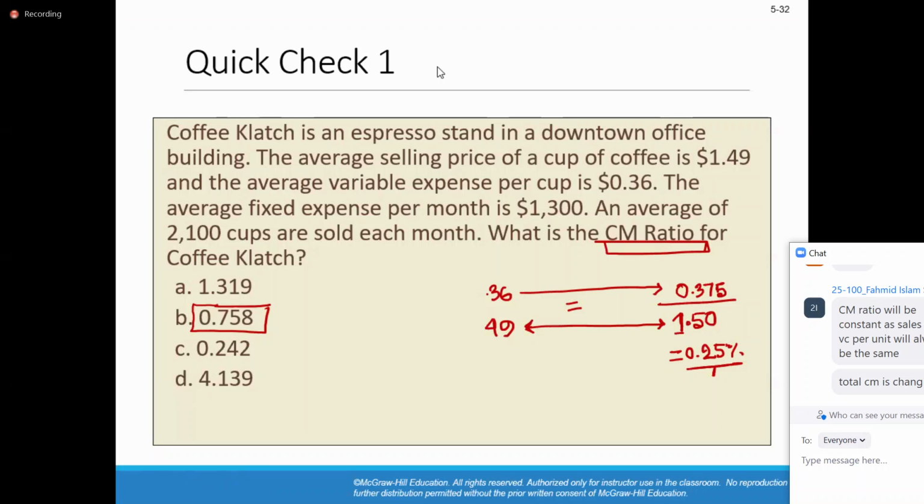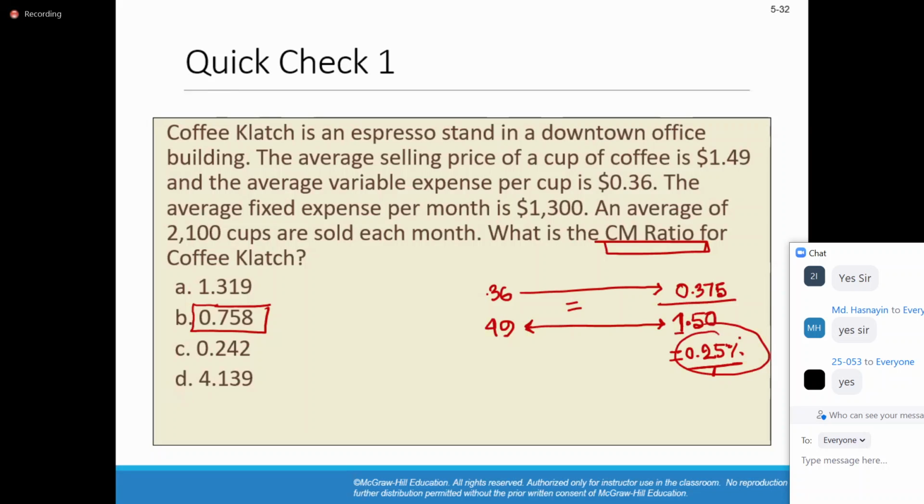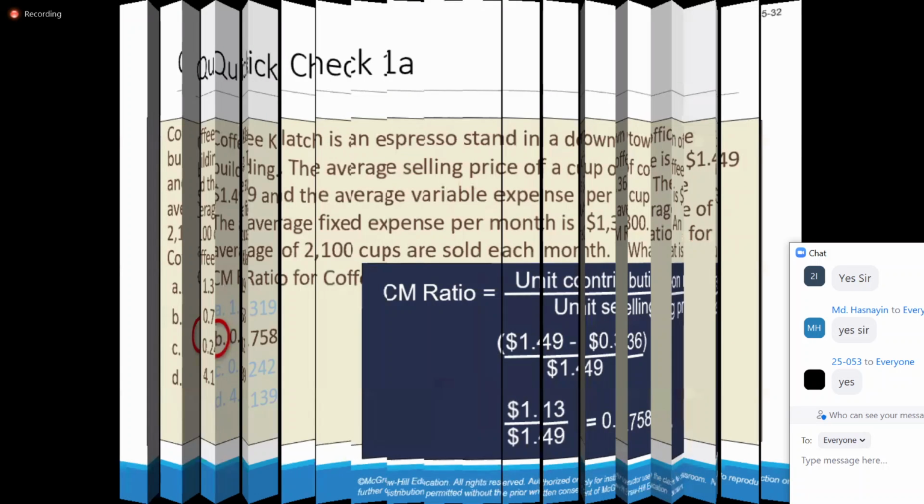Yes, no, yes. Okay, so you have got it, how we can get the contribution margin ratio. Remember, this one we have done for simplifying or for mental calculation, and this one is the variable expense ratio, which is the flip side of the contribution margin ratio.